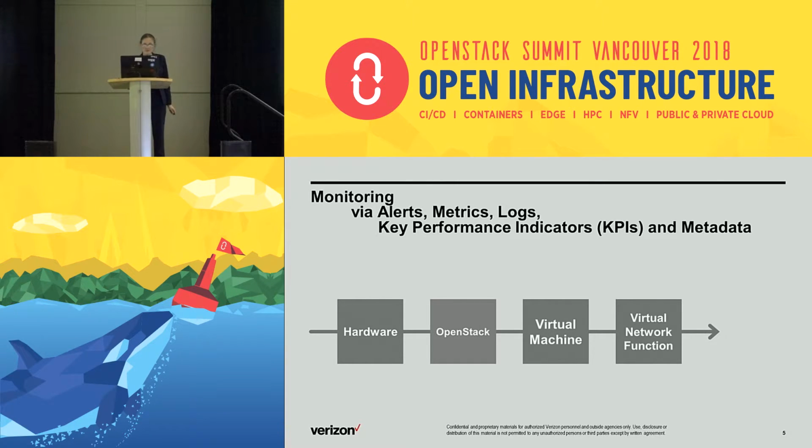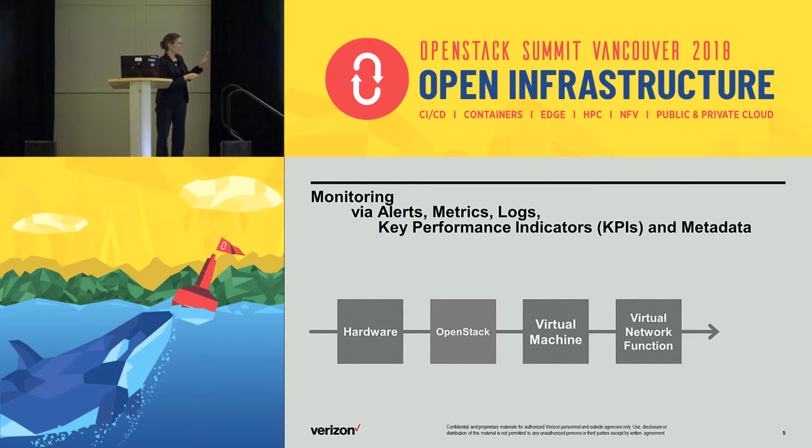So my particular role in my team is I have a focus on monitoring. How do we make sure that all of this equipment is in good condition, is functioning the way we expect it to? We do that through several ways: alerts, metrics, logs, key performance indicators, and metadata.